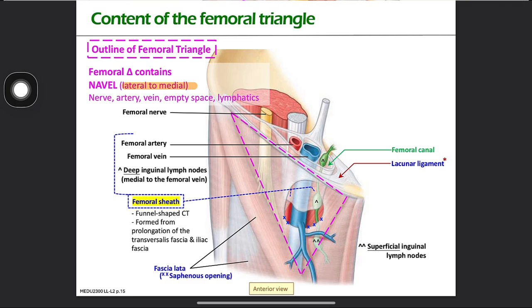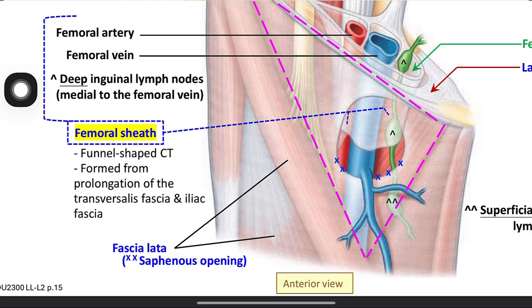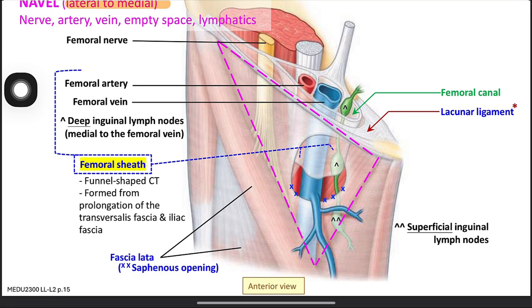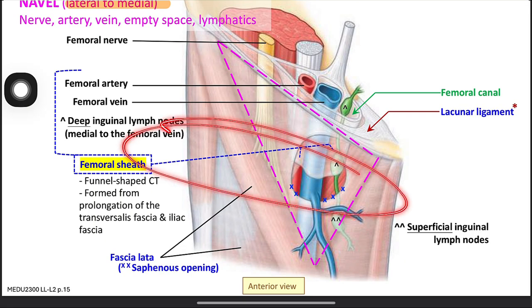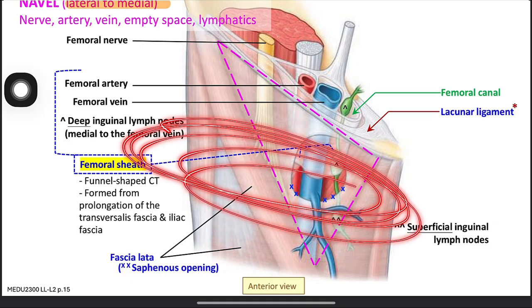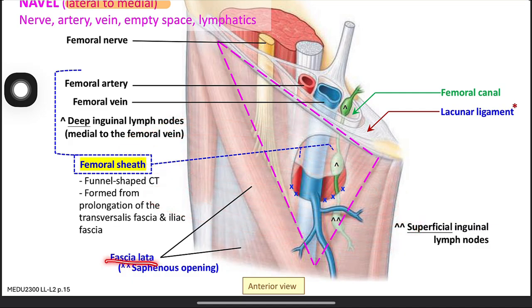Let's take a look. I want to introduce you. Remember, as I told you several times already, the outer lining of this is wrapped by the fascia lata. But indeed, in the fascia lata, there is an opening. This opening only accommodates one important structure, the great saphenous vein.